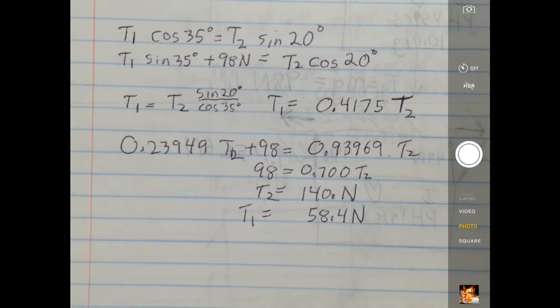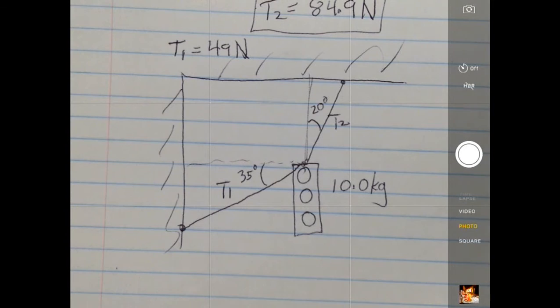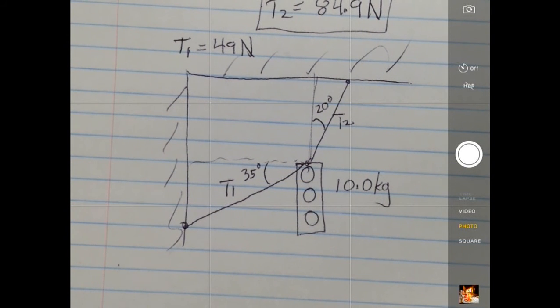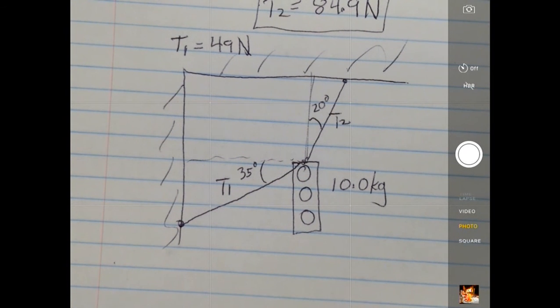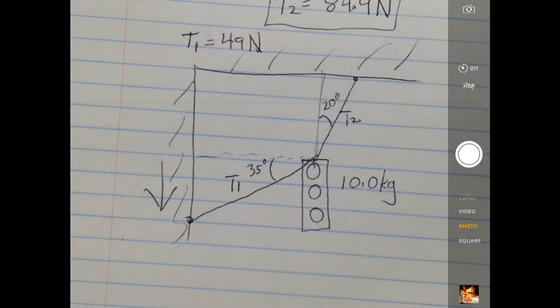Children, it's just physics. So in this problem, T1 is pulling with the weight downward. It's not helping pull up the traffic sign, it's pulling it down. So T2 has to do even more work in holding up the sign.